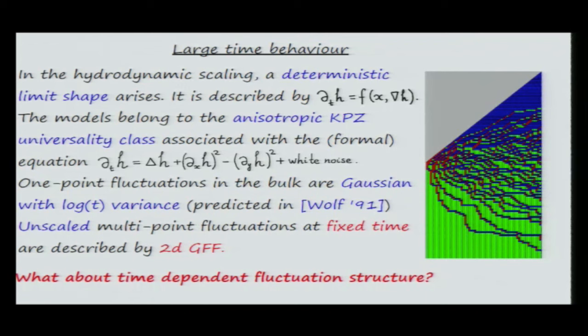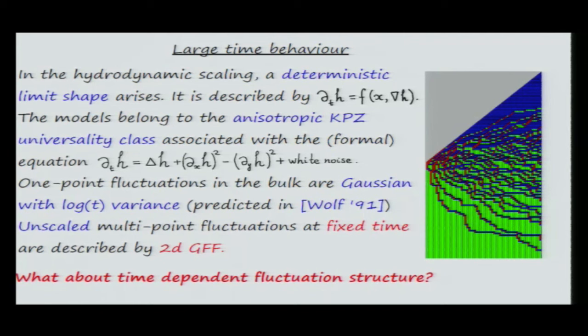But if you want to consider several points, so you pierce the picture at several points, then there is again a height function that comes from the three-dimensional connotation, and you want to know the joint distribution of fluctuation at several points, and that fluctuation structure is the Gaussian free field structure. Okay, so at least at fixed time, we're back to the Gaussian free field picture.